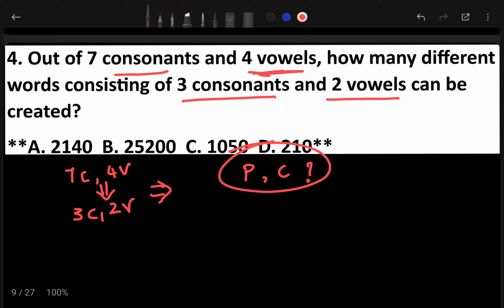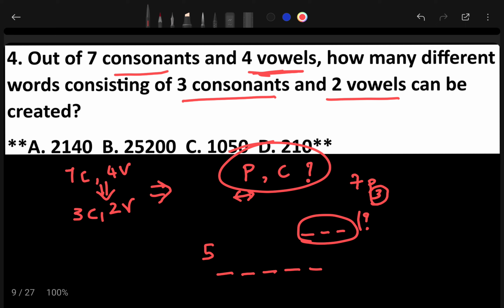Look, here we should use both. Remember, you cannot use only permutations, because if you say 7P3, that means you are restricting it to just 3 places, but actually we have 5 letters, sir, right? Why are you restricting it to 3 only? That's why only permutations does not work.